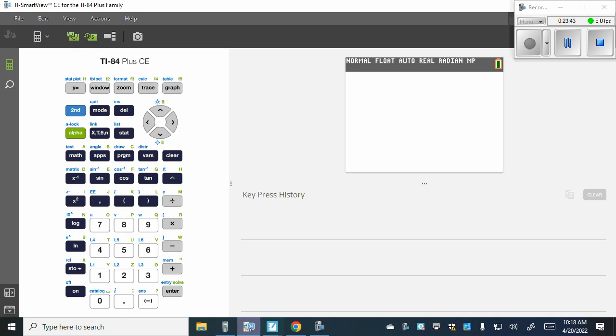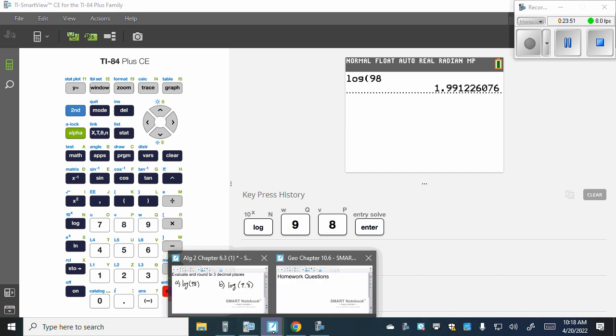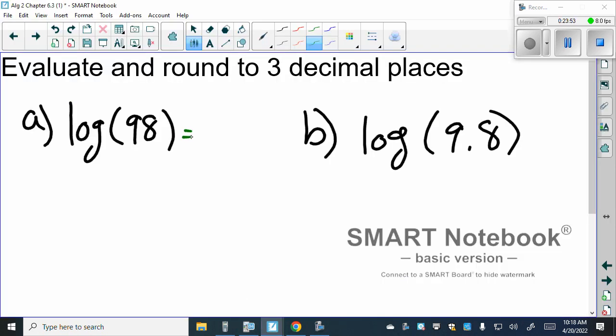So we can say log of 98 is 1.991. And if we do log of 9.8, we get 0.991.